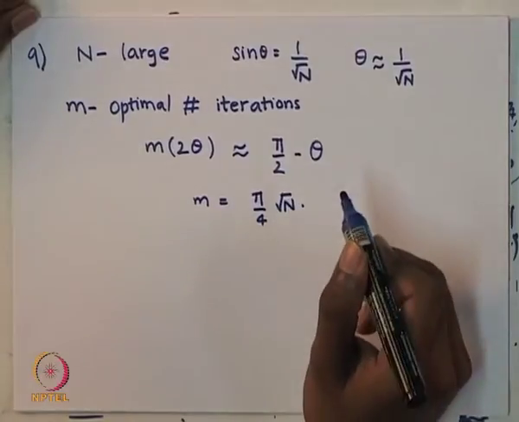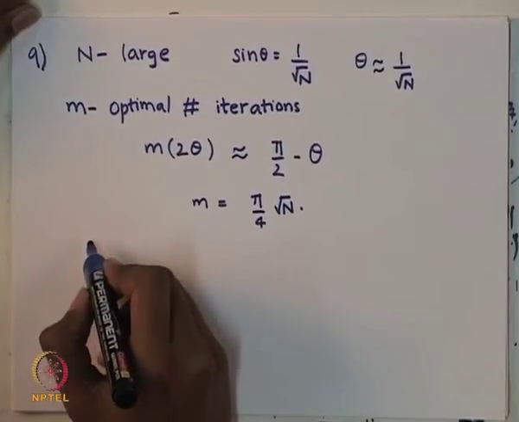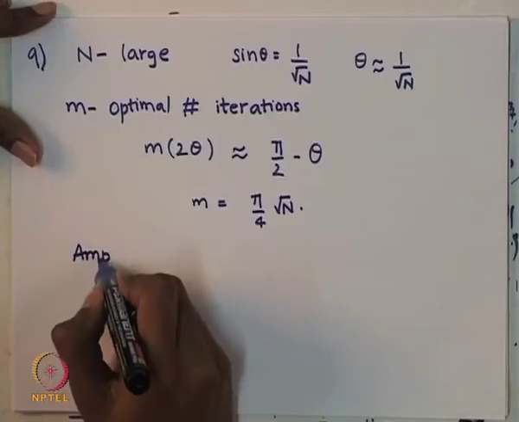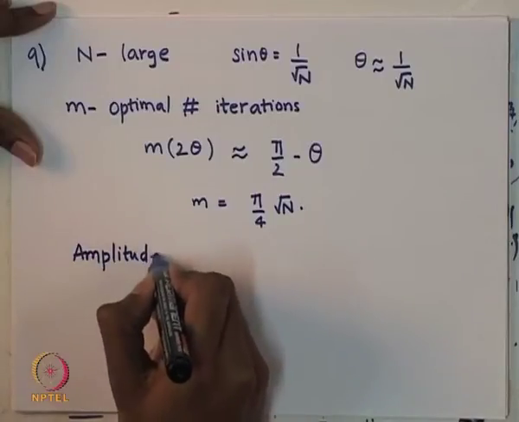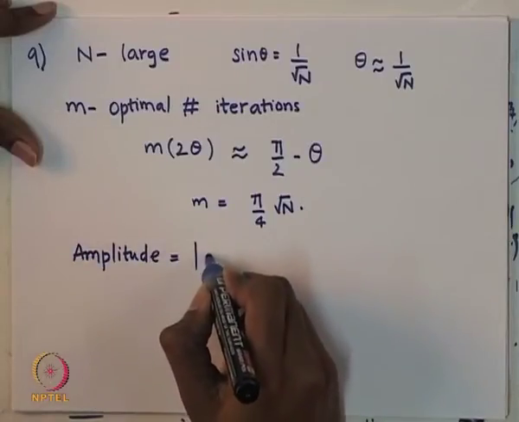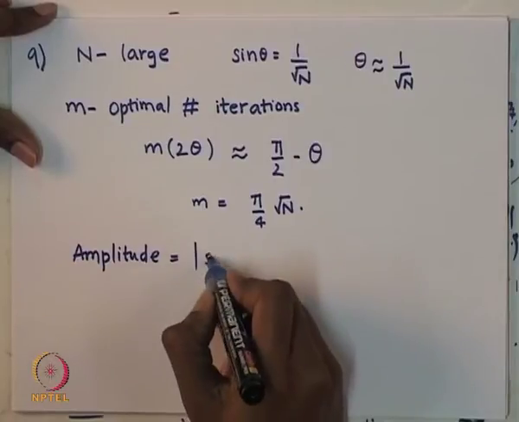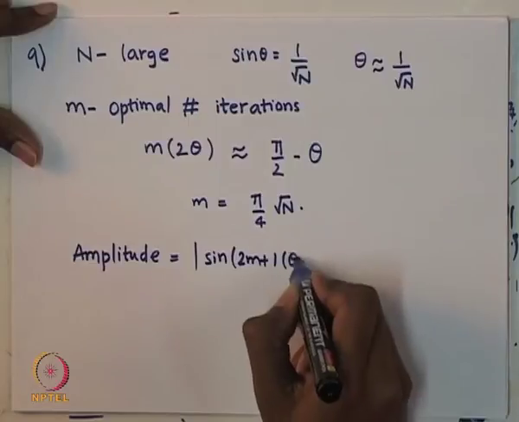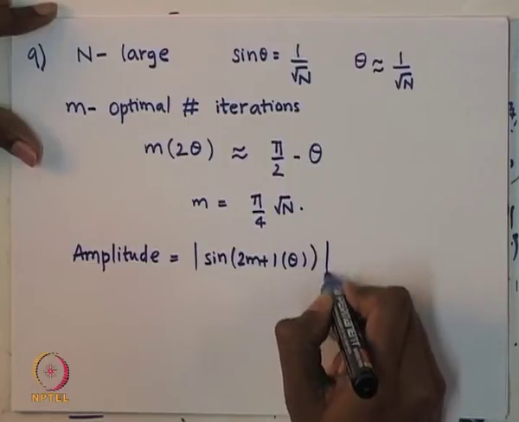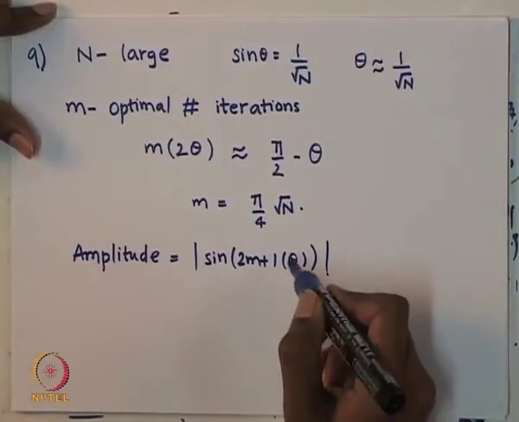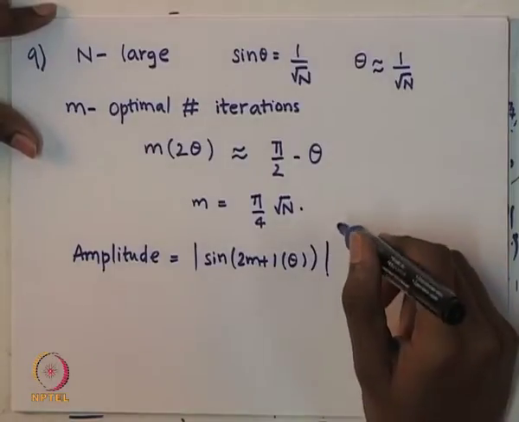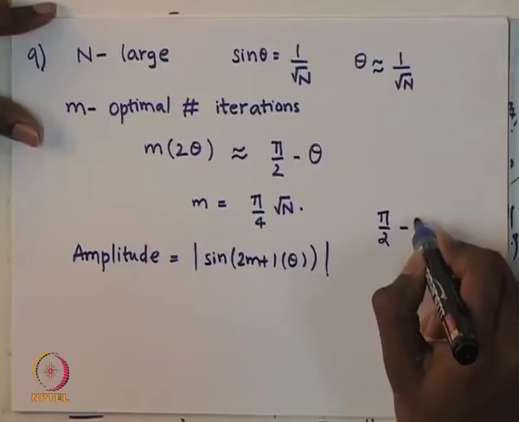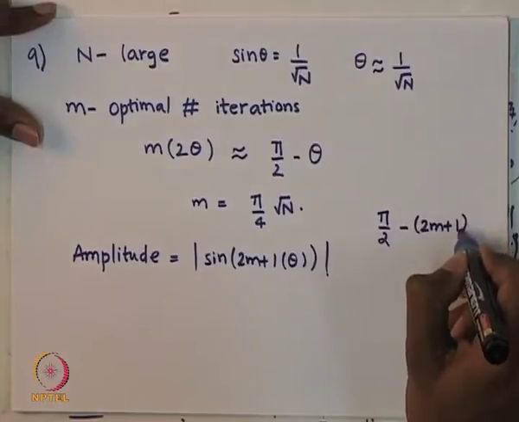But the amplitude of the marked state after m iterations would be sine of (2m plus 1) theta. This is because after m iterations, the angle between the two states would be pi by 2 minus (2m plus 1) theta.